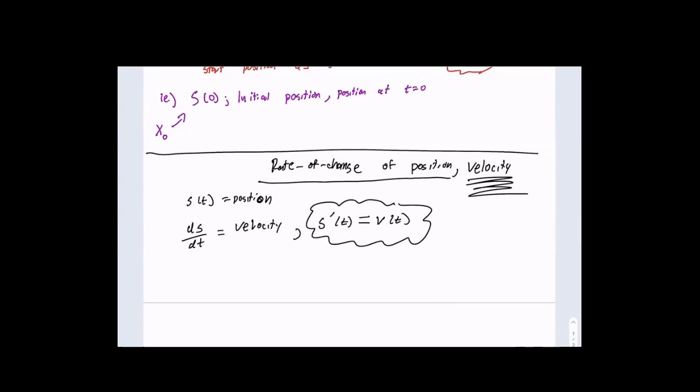Very, very important. The derivative of position, I'm going to go with the position function, is the velocity function.